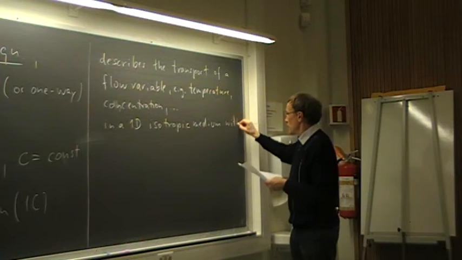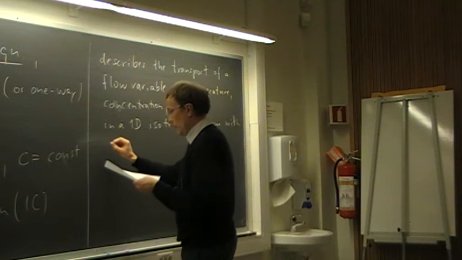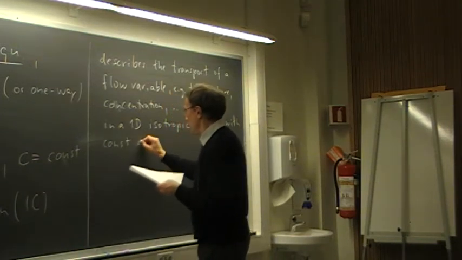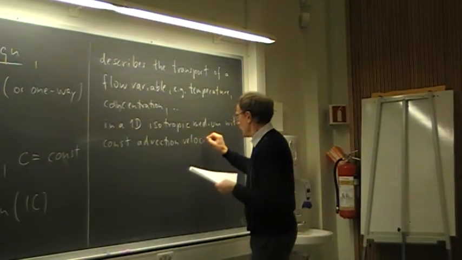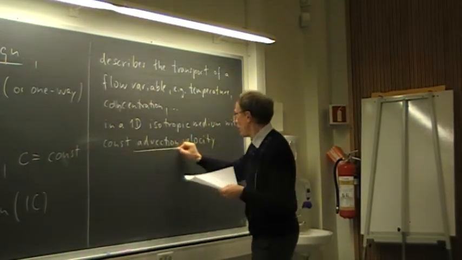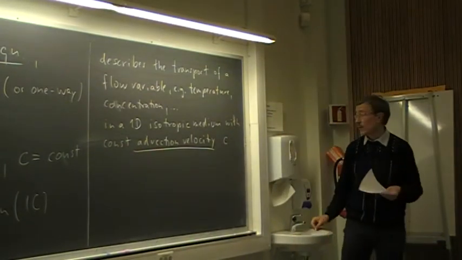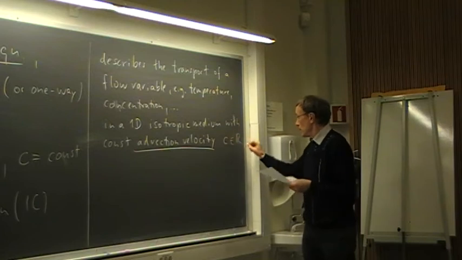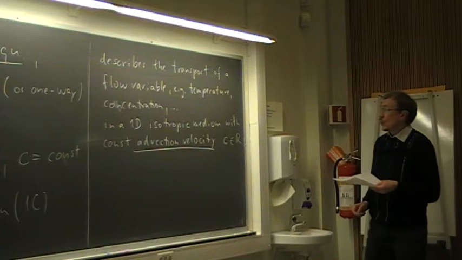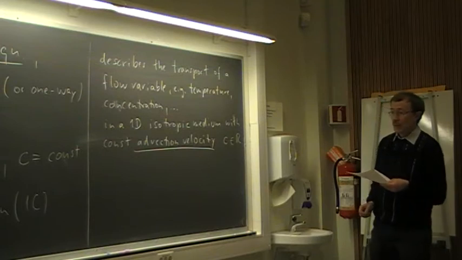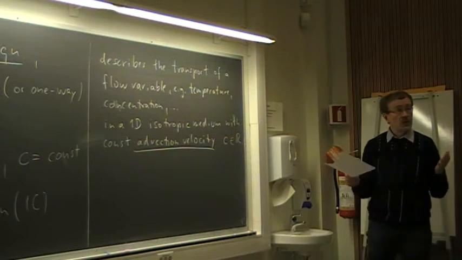And if that is transported or propagated with a constant advection velocity c, and that can be positive or negative, so that is what this describes, and so it is just a simple transport.